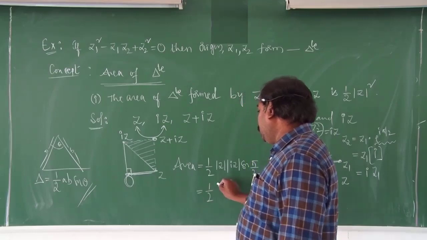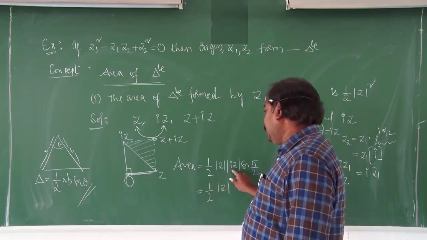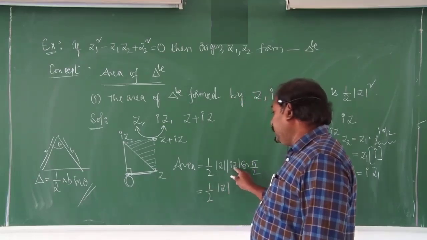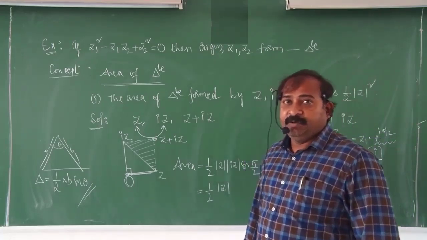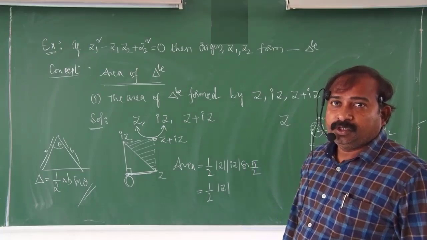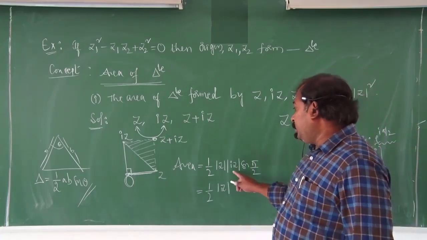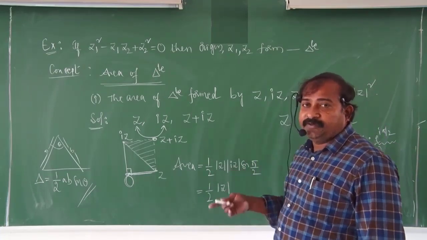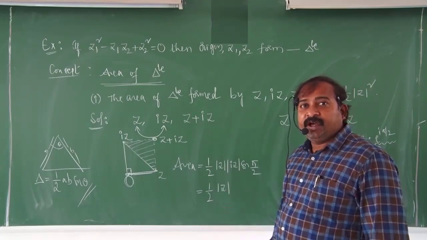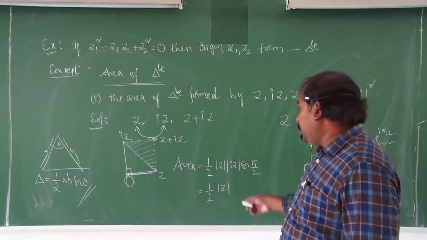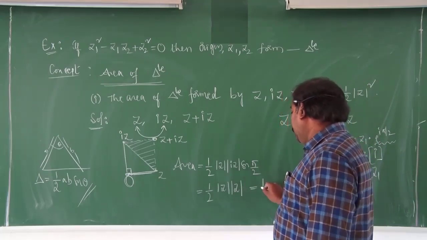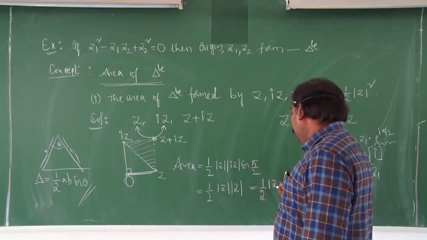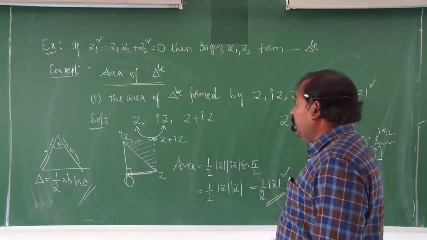So you get half into modulus of Z1 Z2. What is the formula for modulus of Z1 Z2? Modulus Z1 into modulus Z2. So here, modulus of i into modulus of Z. What is the modulus of i? 1 only. So automatically modulus of Z, which is equal to half into mod Z square.